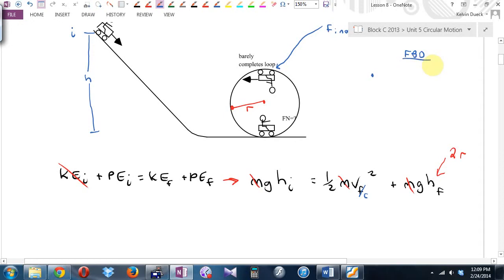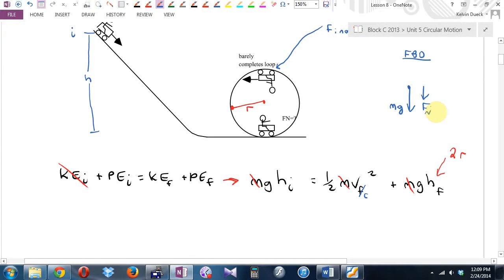Free body diagram. What are the forces acting on the top of the loop? Get the obvious one. Gravity down. What else? Normal force down. What did I underline? Do you remember? Barely.